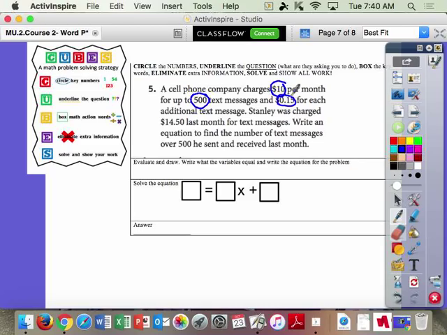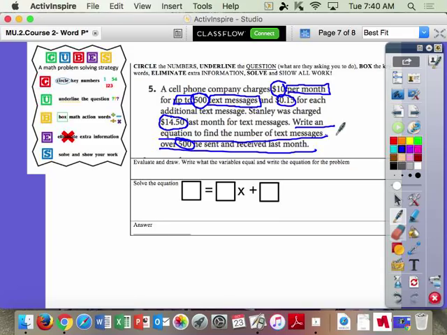Alrighty, welcome back. I'm just finishing up my last little pieces here. So, per month, that's important. Up to 500 text messages. Okay.